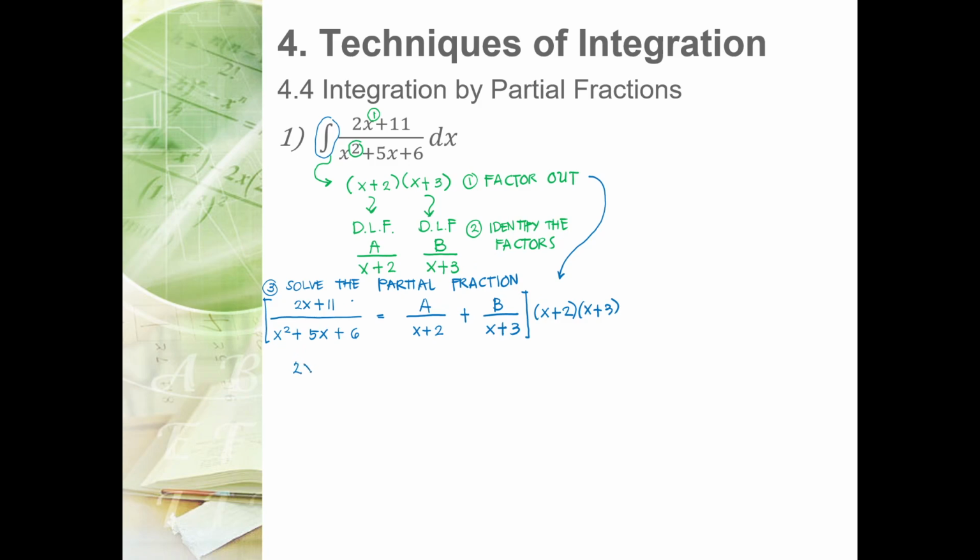Since you multiply this to the whole equation, it cancels out the denominator. So this becomes 2x plus 11 is equal to A times x plus 2, x plus 3, where what remains is x plus 3 in the term, then plus B times x plus 2.